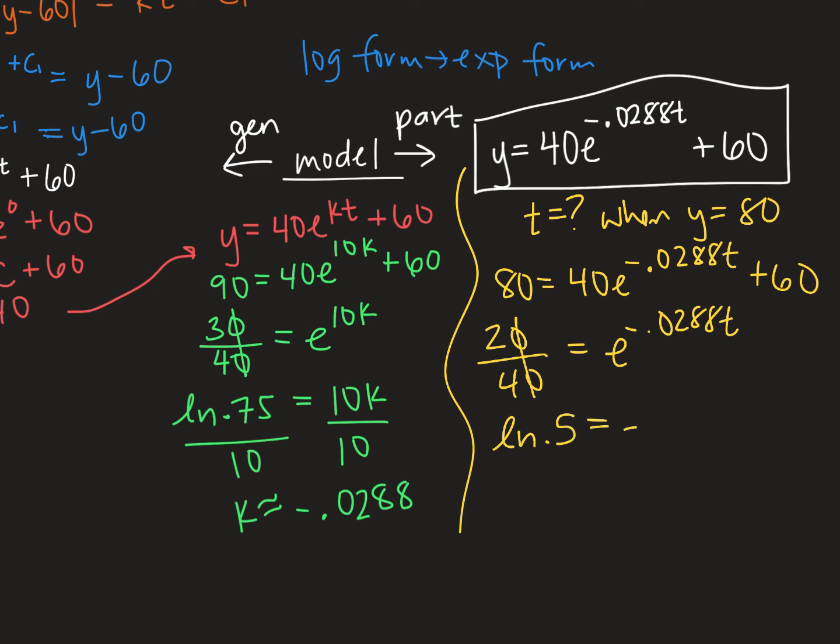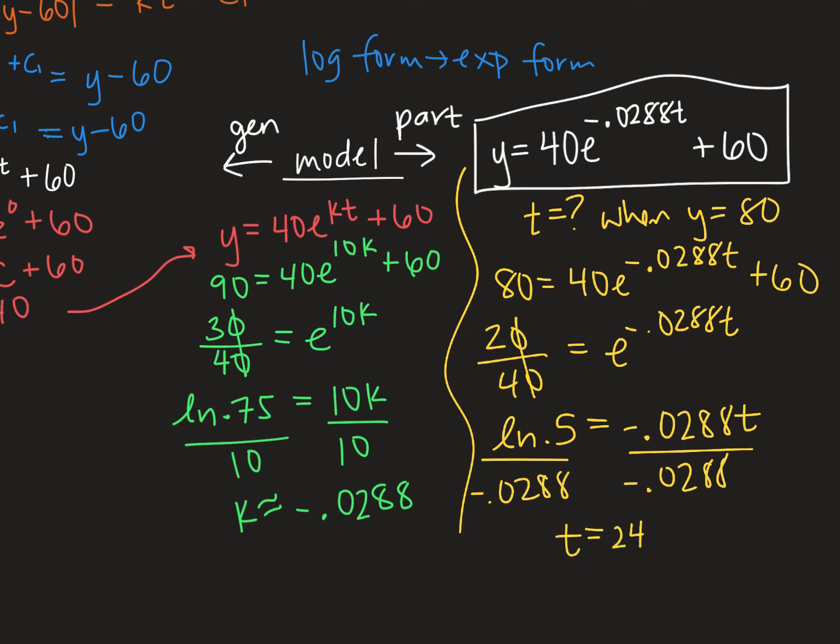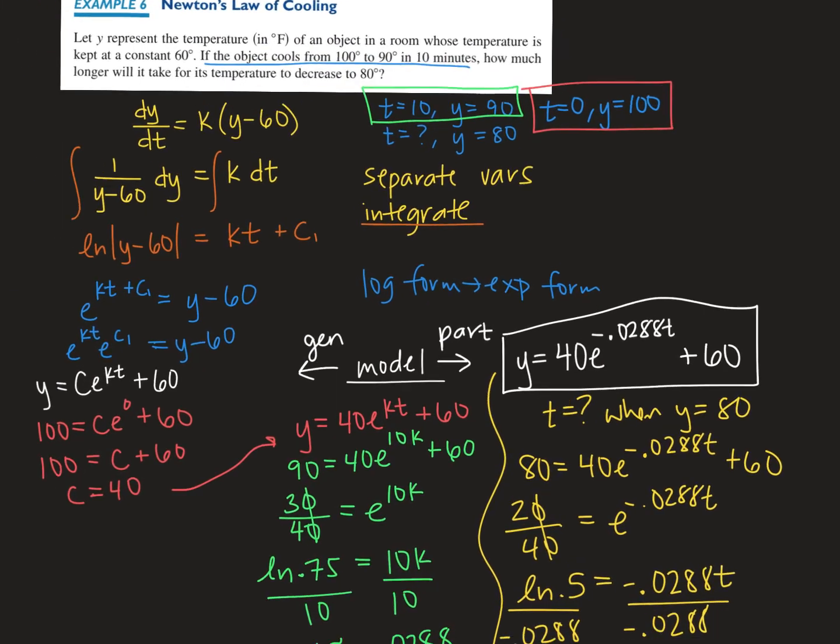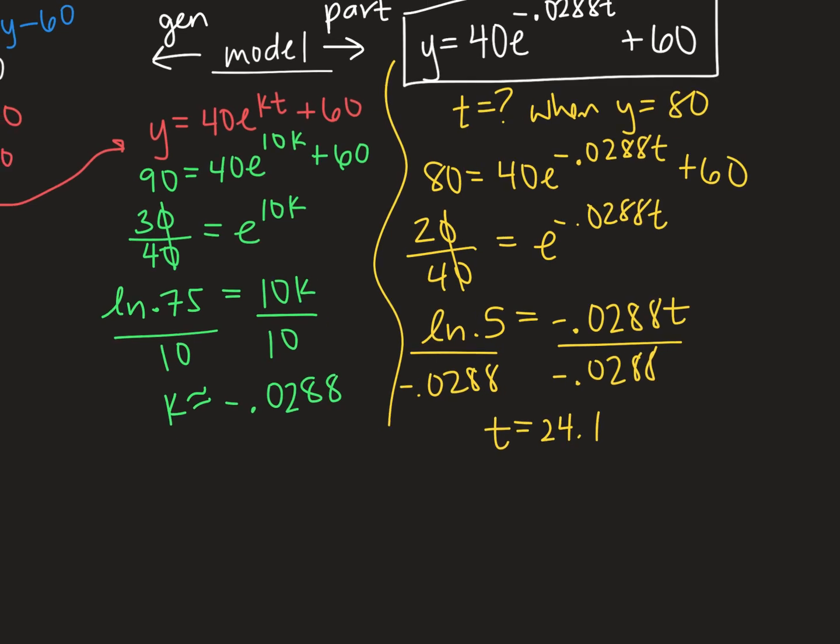Using the power property, I'll bring the exponent out front. And dividing both sides by negative 0.0288, we will get our answer in time. And it's about 24.1. Honestly, I forget what the time is. Oh, it's in minutes. That's right. All right, so about 24 minutes.